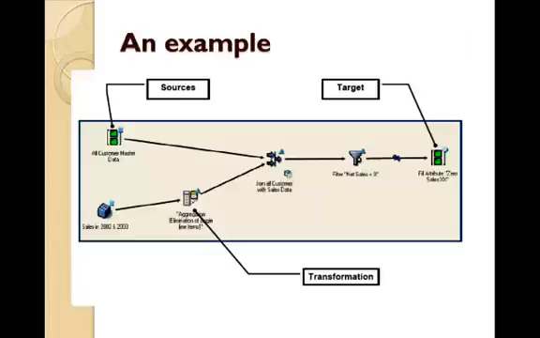So on the next slide, we see some examples of sources, transformation, and target. Okay, for instance, as identified here, there is a source called customer master data. Okay, so that's the source of this decision support model.